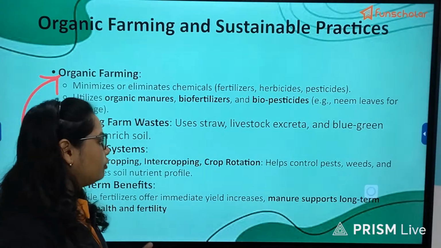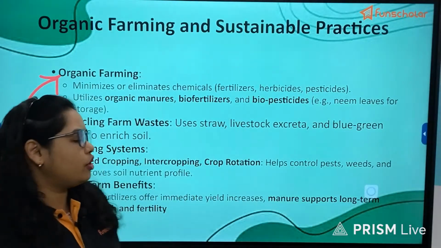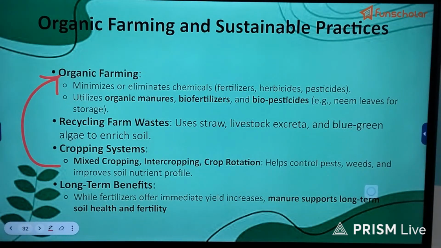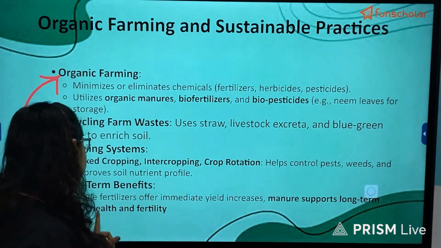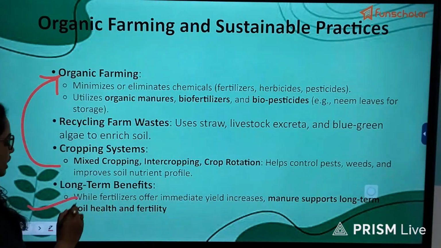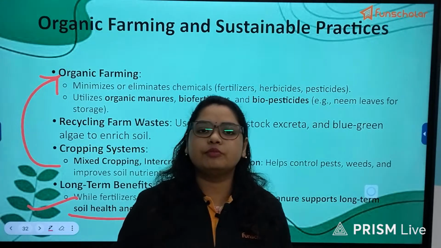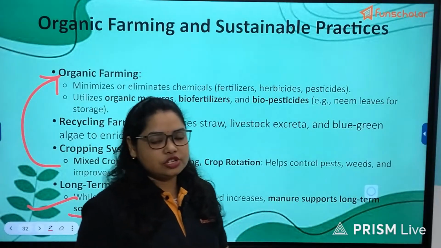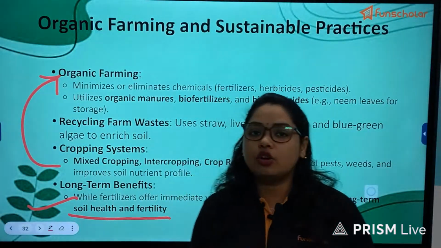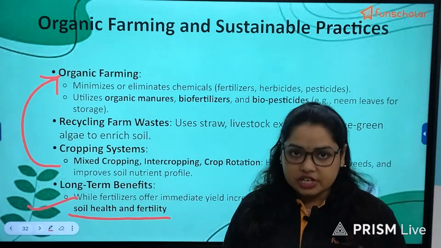as the way of farming which is suitable not only for the environment but also for human consumption. And its long term benefit is that this organic farming, which is dependent on manure, will maintain soil health and fertility for a longer duration, throughout many years, because we are not harming the natural microflora of the soil, we are not harming the pollinators, we are not harming the natural fertility of the soil.